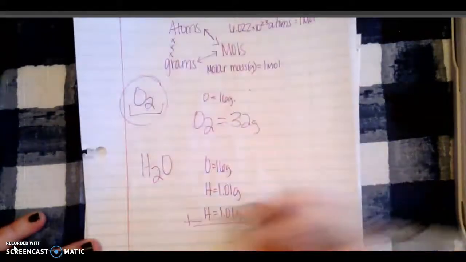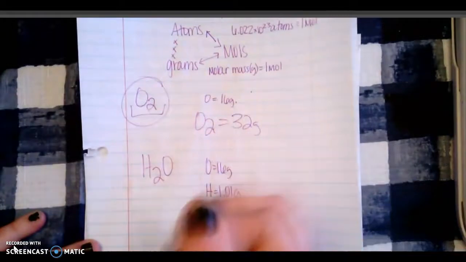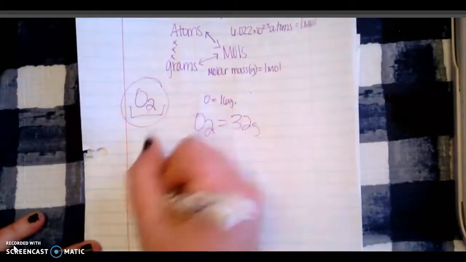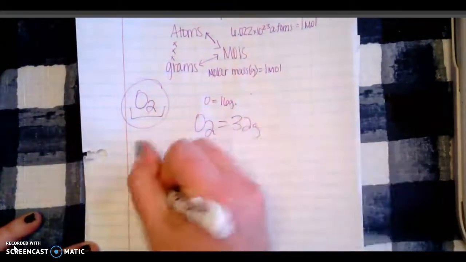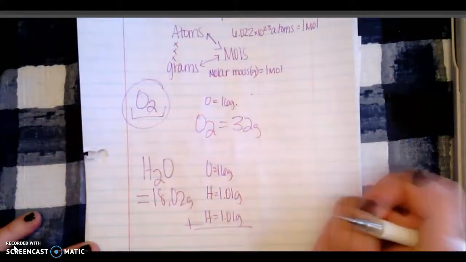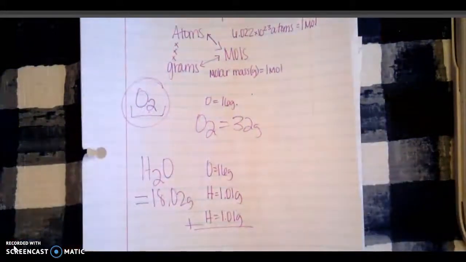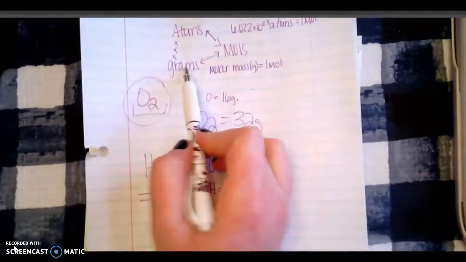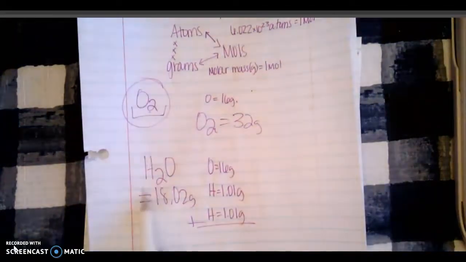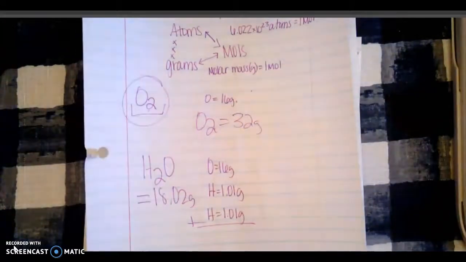You're just adding these up. So what you'll end up with is that 1 mole of water is 18.02 grams. And that's the only new thing. We're doing atoms to moles to grams just like we did in the last assignment. It's just now we're using compounds instead of single atoms.